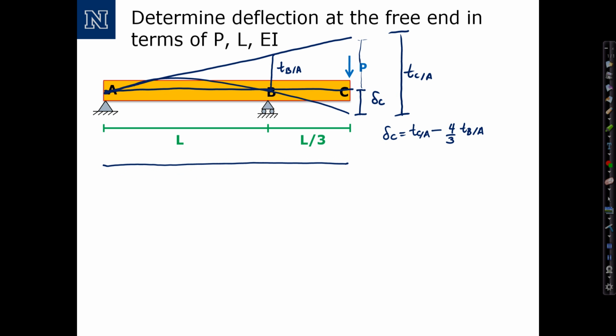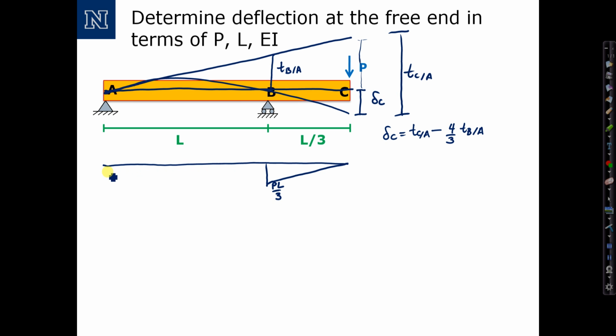We know that this point load pushing down on the beam on the overhang is going to cause moment to increase linearly out to support B, and it's going to be a negative moment, which at point B is equal to a value of PL over 3. Okay, so that's the moment diagram for the overhang.